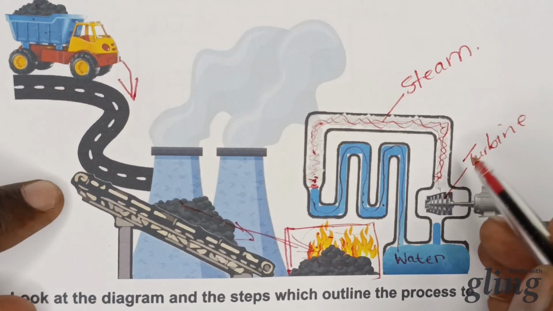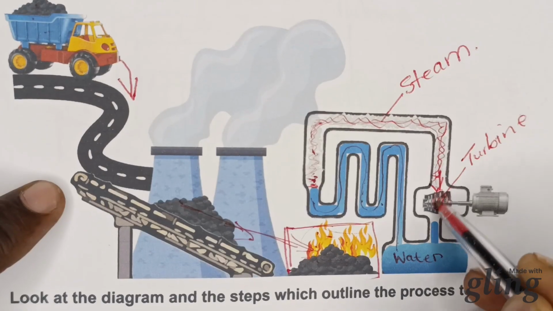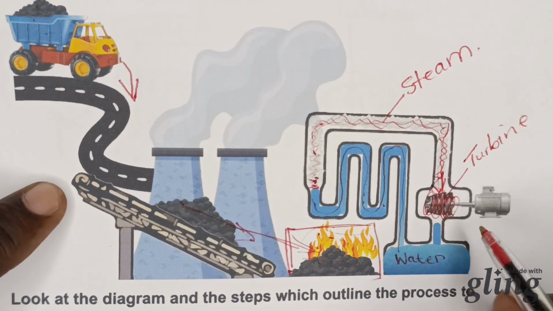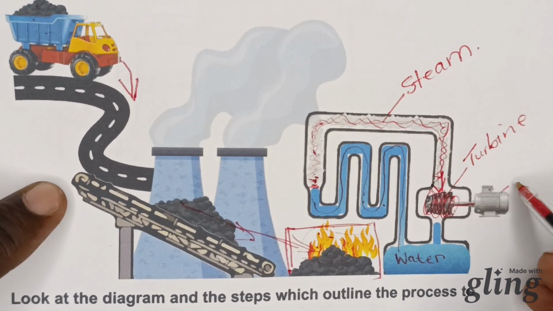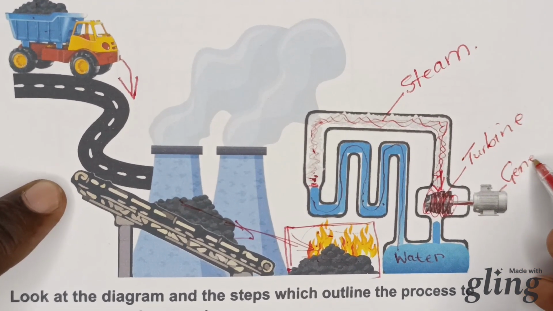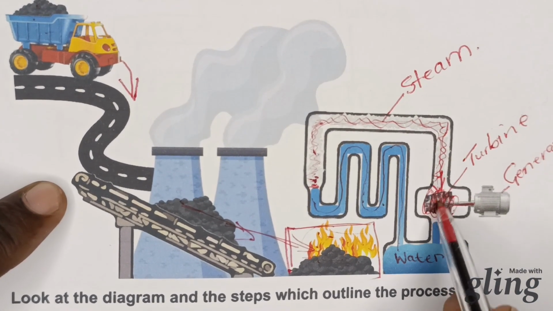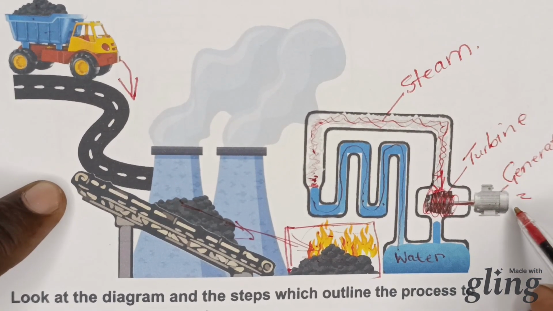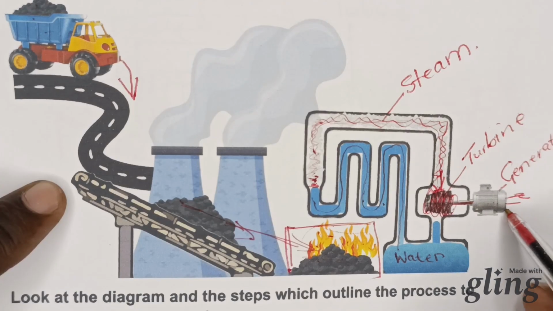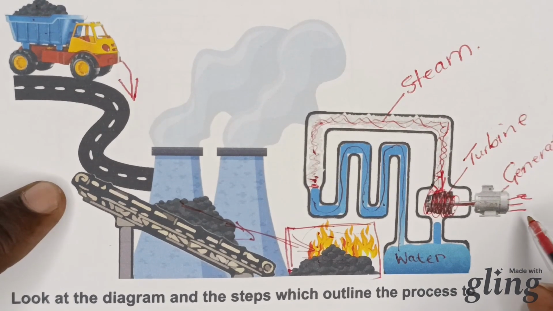Because this steam provides pressure to this turbine, the turbine starts turning, and when it turns, you can see it is connected to a generator. This is a generator. So when this turbine starts turning, this generator starts generating electricity. Here are the wires.